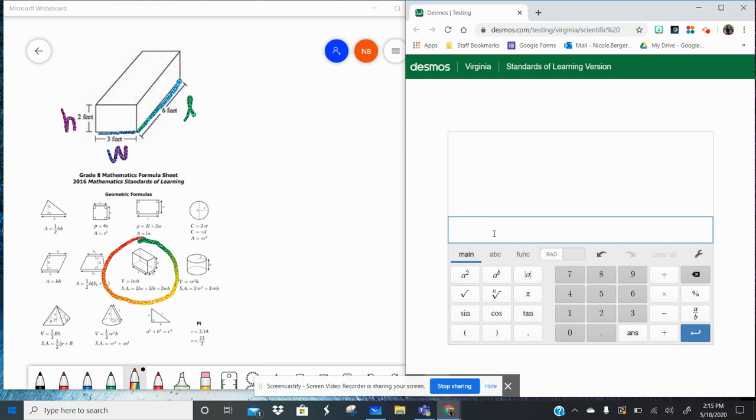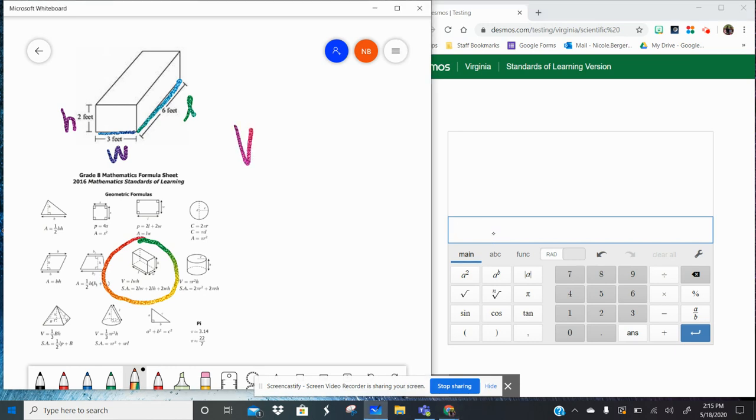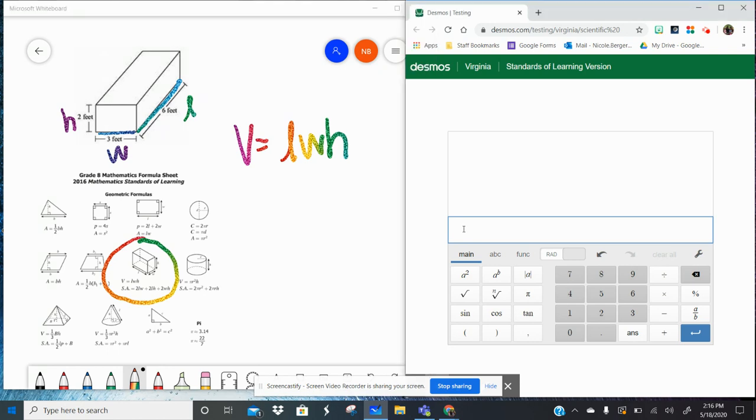Remember, with the Desmos calculator, it's super simple to find volume and surface area. If we look at volume specifically, volume equals length times width times height. So you type in the formula, then you just tell the calculator what you know. Length is 6.